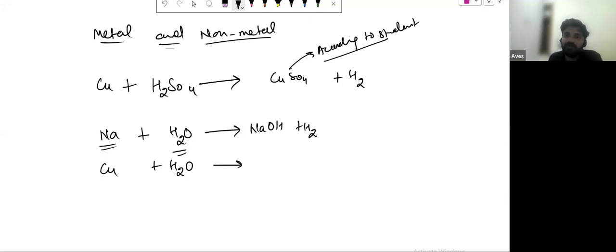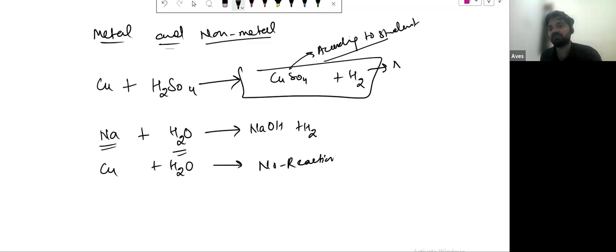Then we'll do the metallurgy, because this is very important and so many questions are asked from this topic. There will be no reaction, and in this case also no reaction will take place. So let's discuss the chemical properties of metals first, so that you can understand it better.